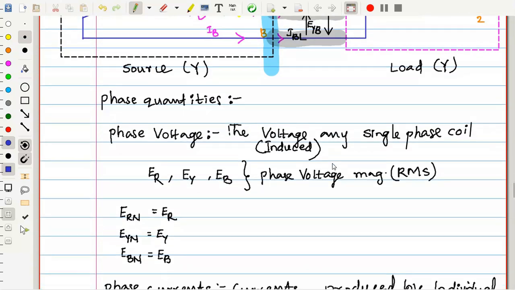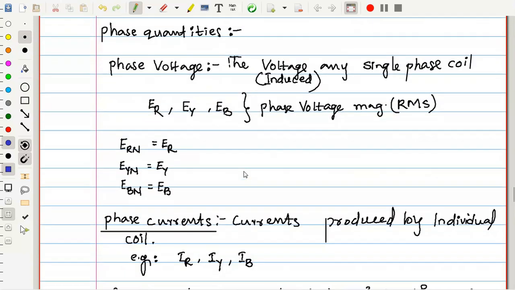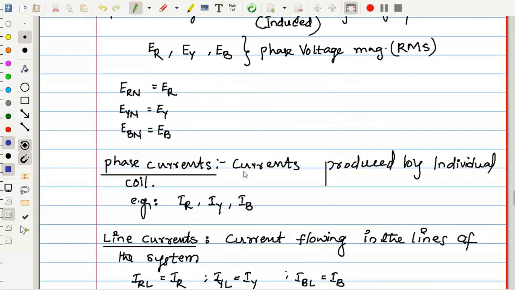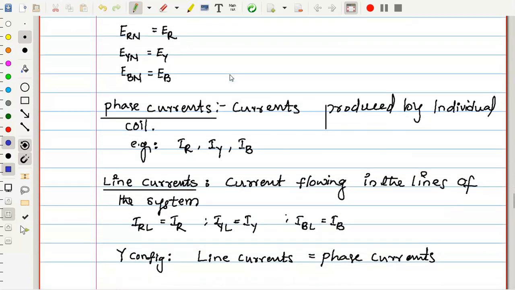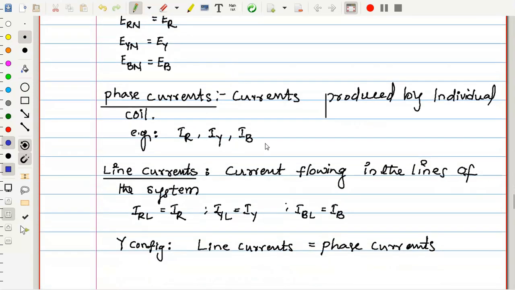Here we had shown that any single phase coil induced voltage can be referred to as a phase voltage. We showed some notation, that is R2N, Y2N, B2N, referred to as phase voltages. And phase currents are the currents produced by these individual coils, which are IR, IY, and IB. Similarly, line currents are flowing in the lines of the system, so IRL is equal to IR, IYL is equal to IY.